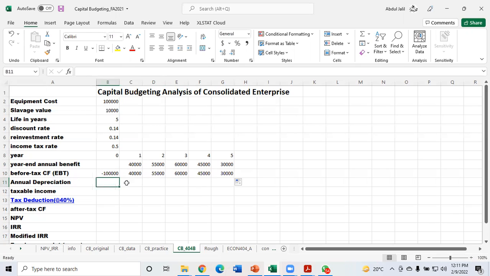Now, what is your annual depreciation? There is no annual depreciation in the base period, because a year was not completed. So after completion of the first year, you are going to start getting some depreciation. How much depreciation is going to happen?